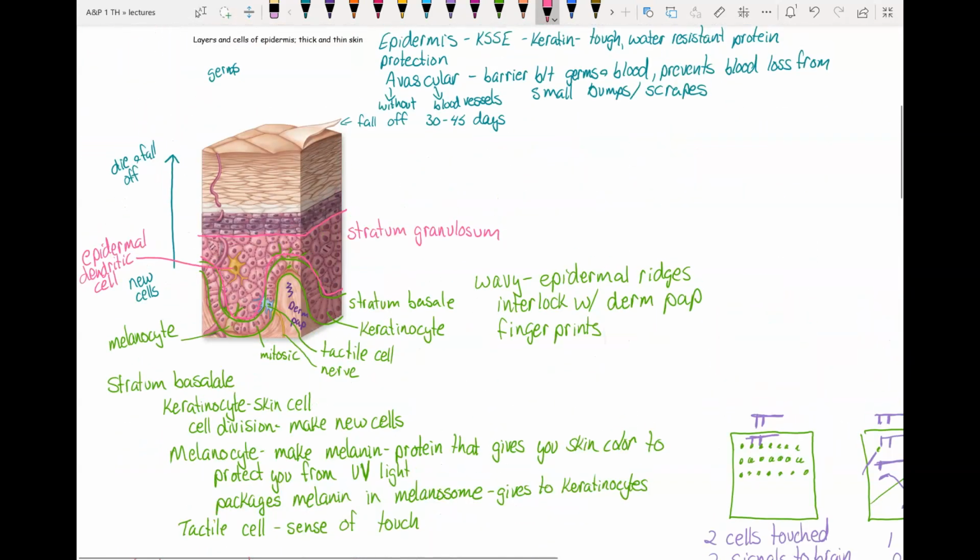Remember, there's germs all over outside. You're surrounded by germs, and you have to keep them out of your body. Well, sometimes germs will try to crawl in through your skin. The epidermal dendritic cell is like a bodyguard. It's there to stop any germs that do try to crawl in through your skin. So if a germ does try to crawl in, the epidermal dendritic cell will kill it, and it will alert the rest of your immune system.